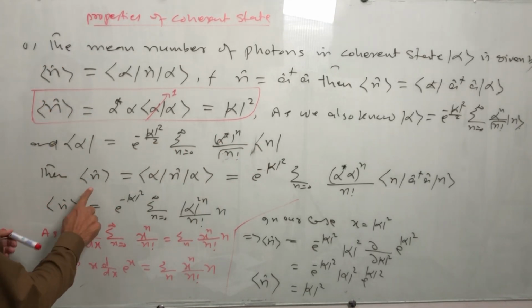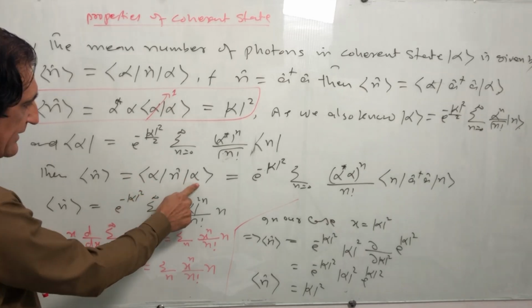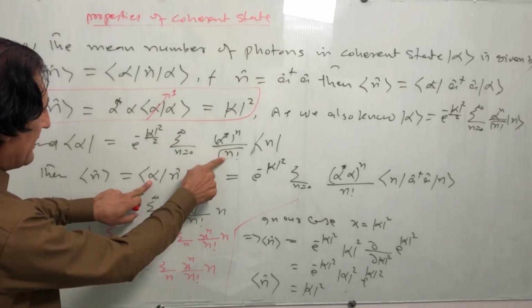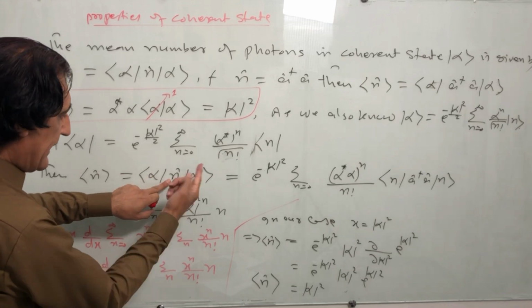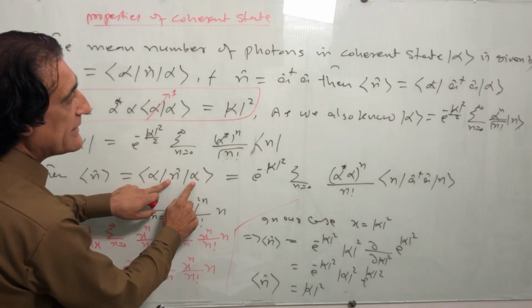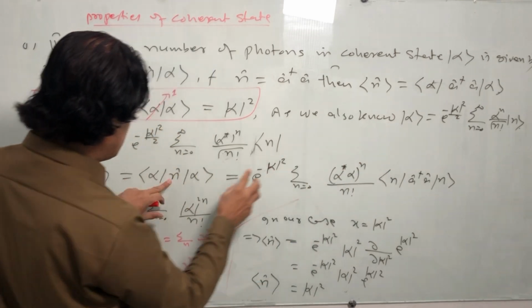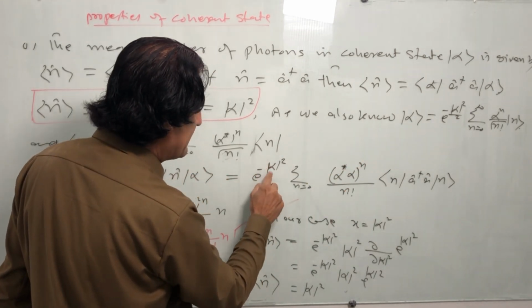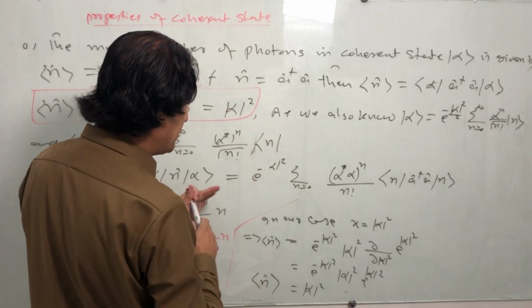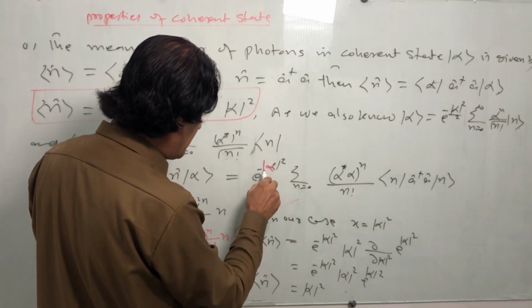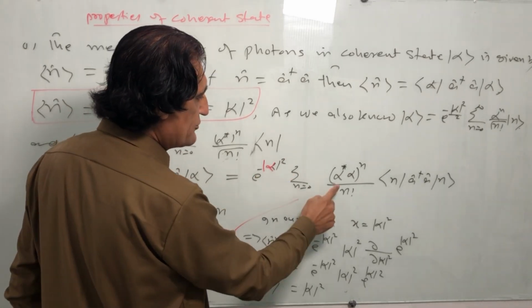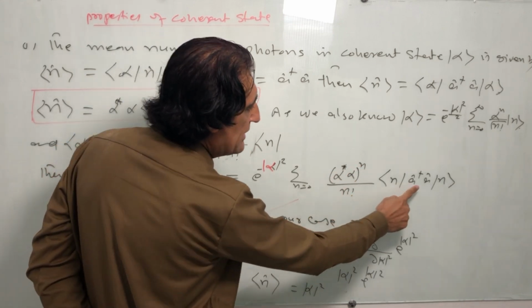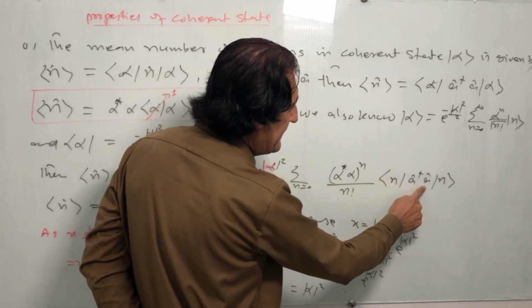Using the same relation ⟨α|a dagger a|α⟩ and putting in the value of |α⟩, we get e to the power minus |α|², summation n equals 0, α star α, e to the power n over n factorial.